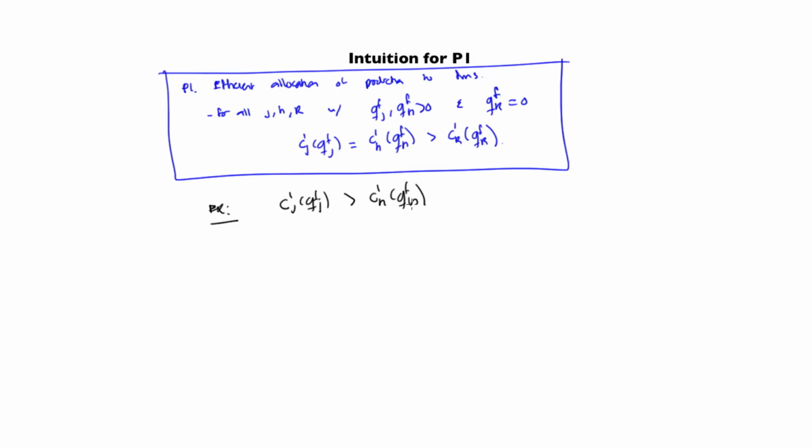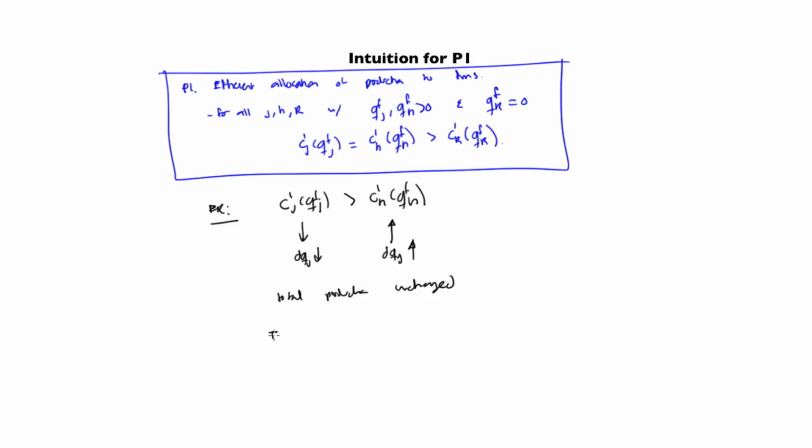Then we cannot be producing efficiently, because if we decrease, for example, production in firm J by a tiny bit, so we bring this down by a marginal amount dqj, and what we do is we increase this by the same amount dqj. Total production has not changed, but notice what happens to cost. So total production unchanged, but cost changed as follows.